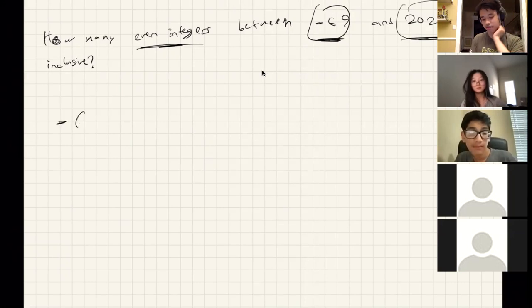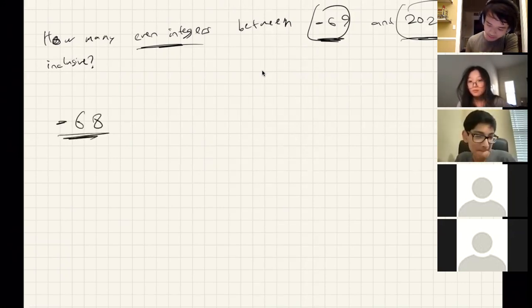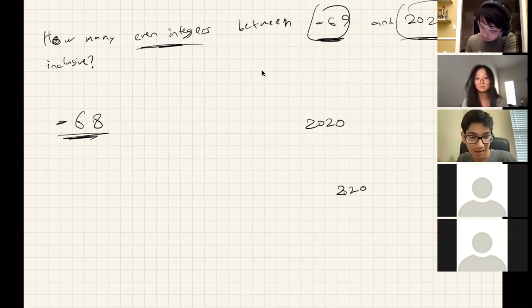I find the smallest even integer and I find the largest even integer. And then I calculate the difference between those two integers.